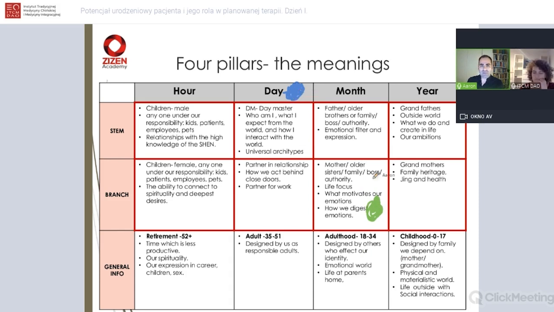So the wood for the water is expression. It's the son of the water, the child of water. So here a good boss for a water day master will see the creativity of the person and will make him use his creativity through the emotional aspect, and it will help the person to express himself at work in a better way.